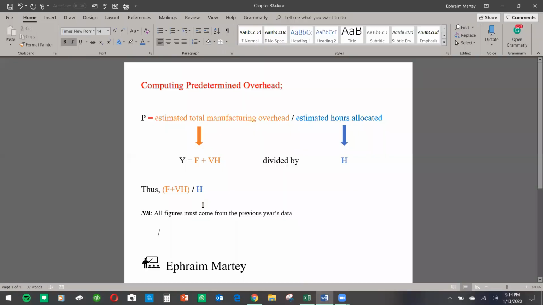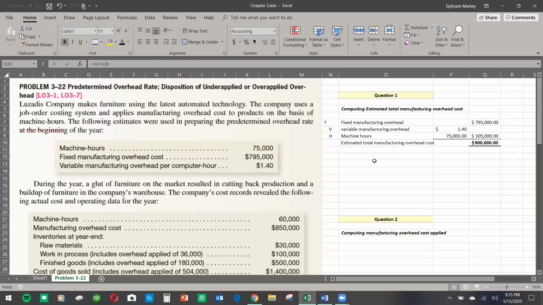Now we move forward. Because we have found this, we need to divide it by the H, the hours allocated. So total estimated overhead cost, which is 900,000, divided by the estimated machine hours, which was 75,000.